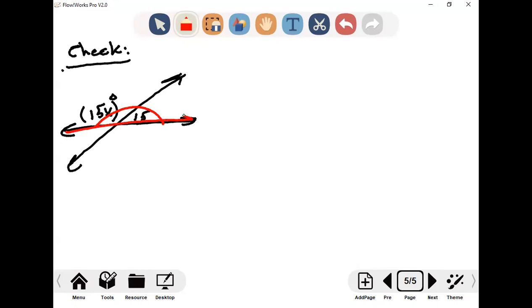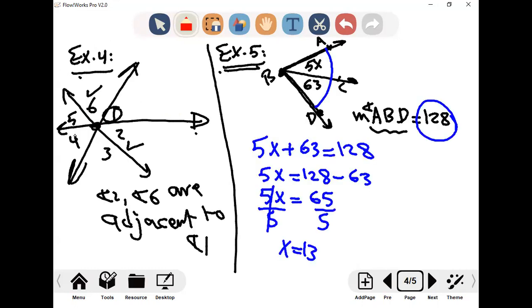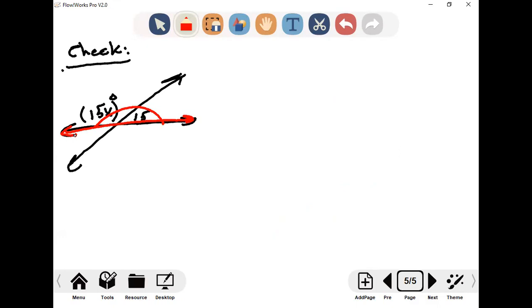How much is the measure of the red angle here? The whole straight angle, which is 180. That's why they didn't give me this information like before. Here it is not a straight line, so they give me the information. But here, no need.